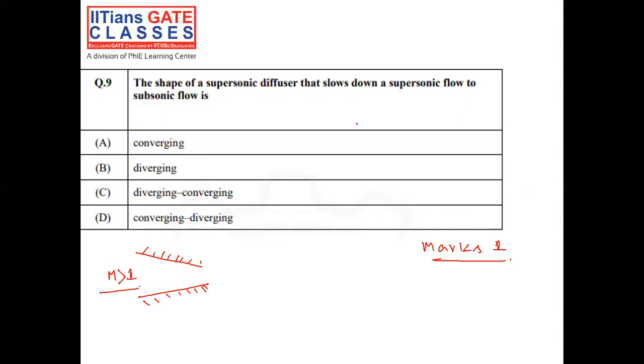We know the area-velocity relation, which is dA by A equals M square minus 1 times du by u. In the converging duct, dA is negative, and M square minus 1 is always positive for supersonic flow, so du will be negative, hence it will decelerate the flow.